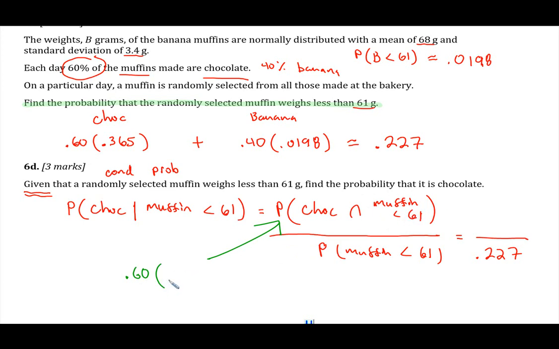The probability of this was 0.365. So the numerator is 0.60 times 0.365. We calculate this, and this will give us our answer, which turns out to be 0.965.